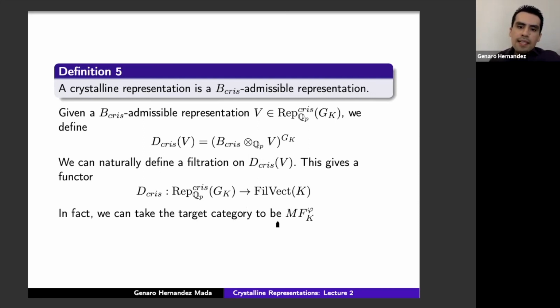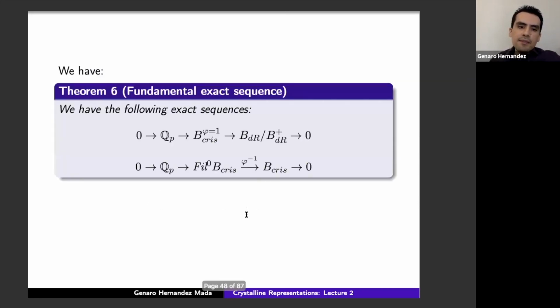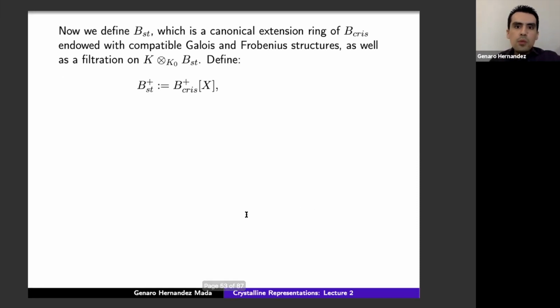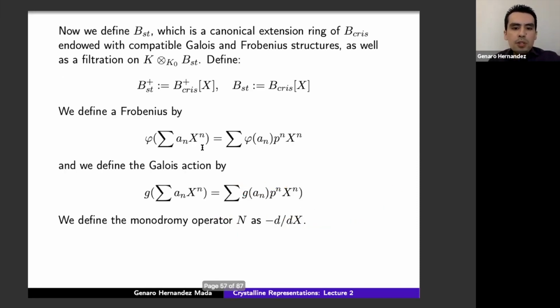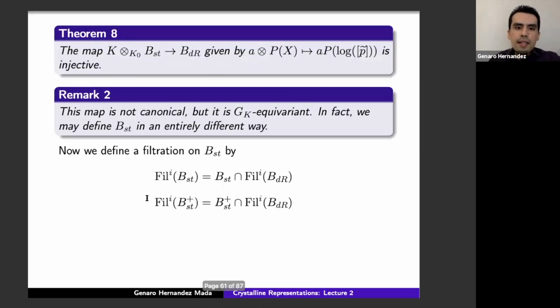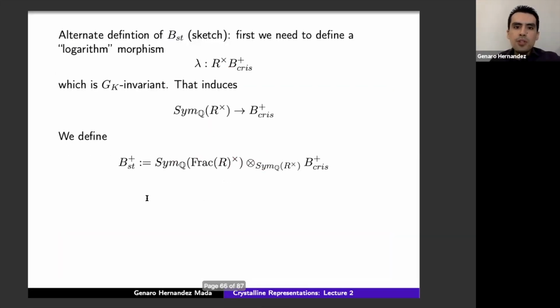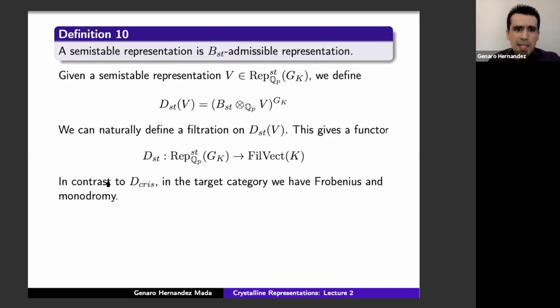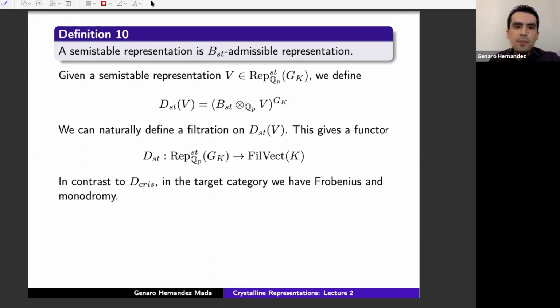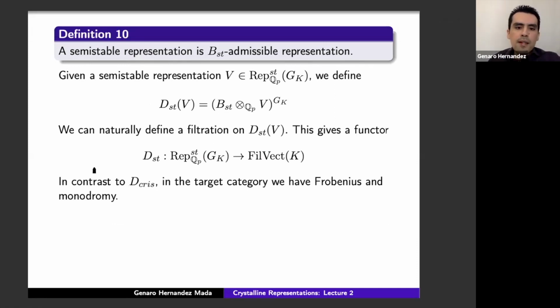And in the case of D_st, we don't have only Frobenius structure, but we also have monodromy. So we might change the category here. In contrast to D_dR, in the target category we have Frobenius and we have monodromy.